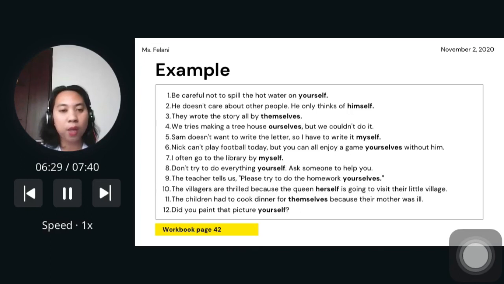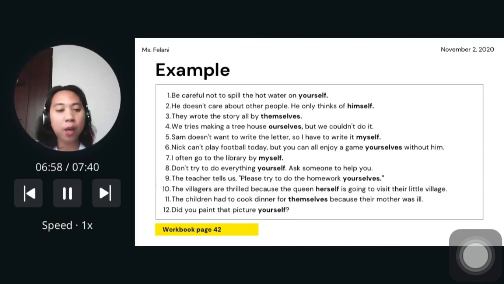Why do we use himself over here? Because the personal pronoun there is he as a subject. He becomes himself. Number 3: They wrote the story all by themselves. They becomes themselves, right? Number 4: We tried making a tree house ourselves, but we couldn't do it. So we over here becomes ourselves.